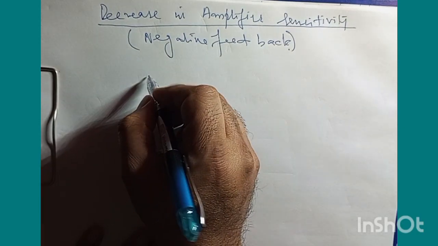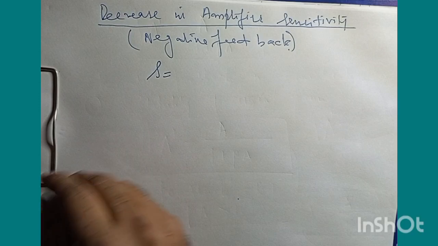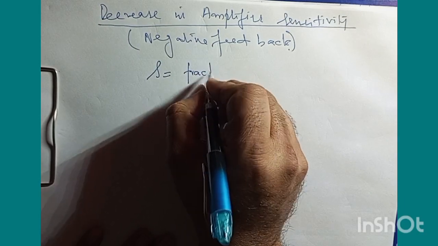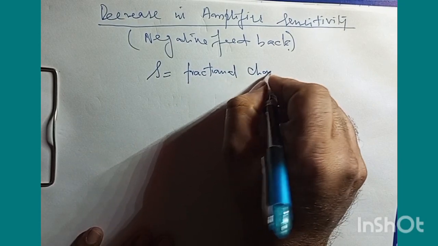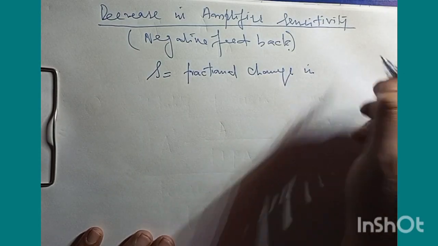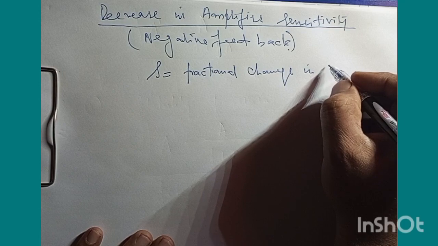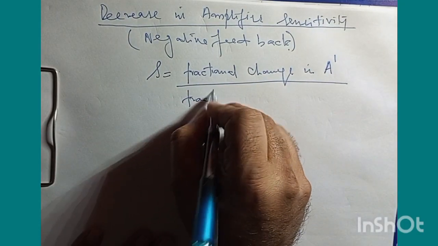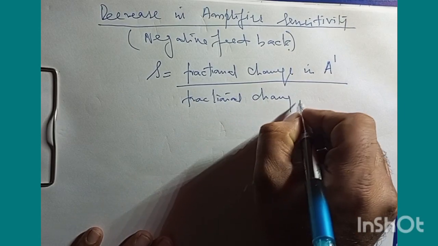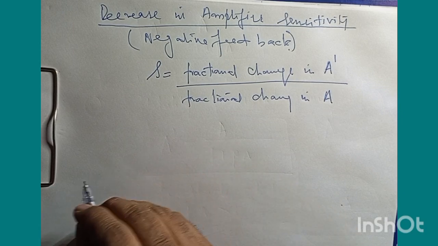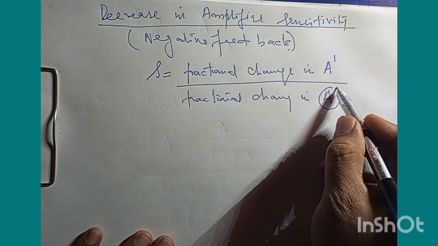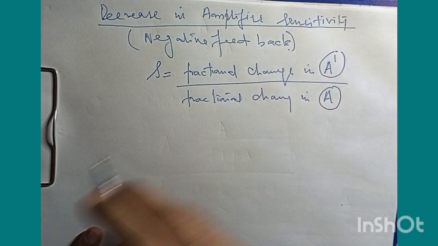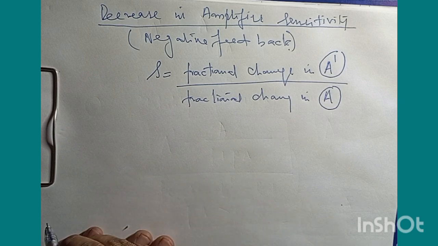Let us assume that this sensitivity is S, and this sensitivity is defined as the fractional change in the gain of an amplifier in presence of feedback, that gain is A dash, divided by the fractional change in A. And we understand that this A is the gain of an amplifier in absence of the feedback, and A dash is the gain of the amplifier in presence of negative feedback.